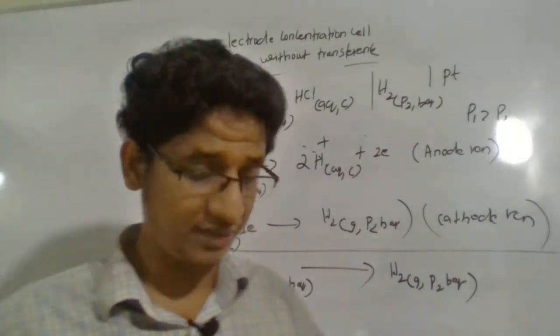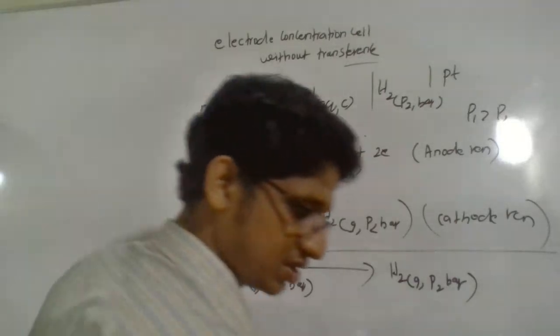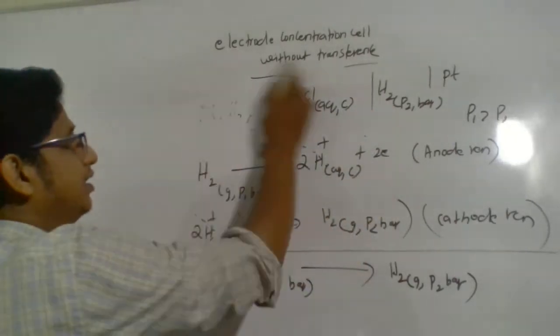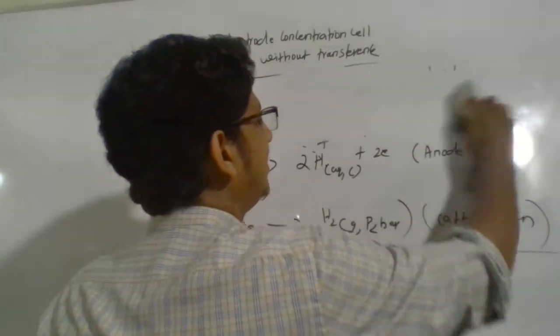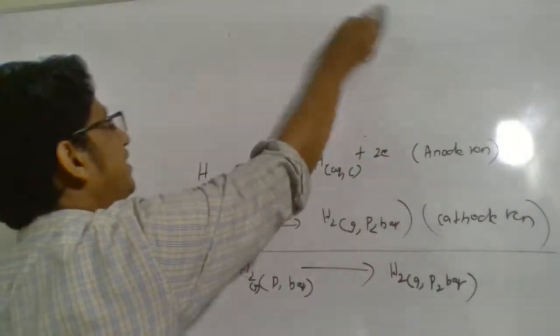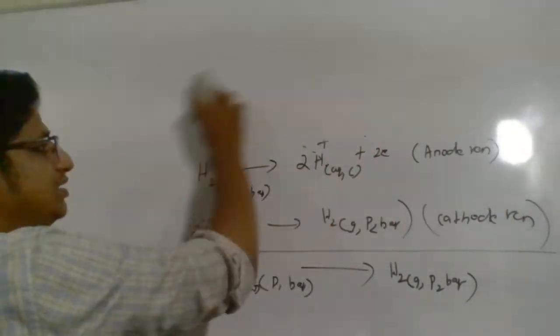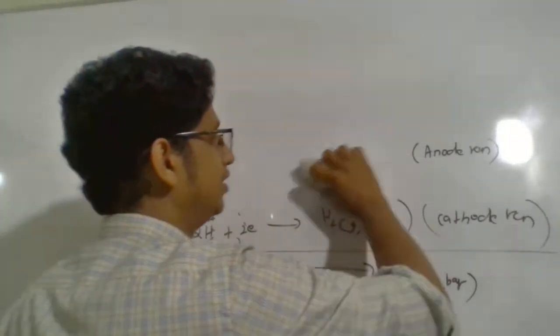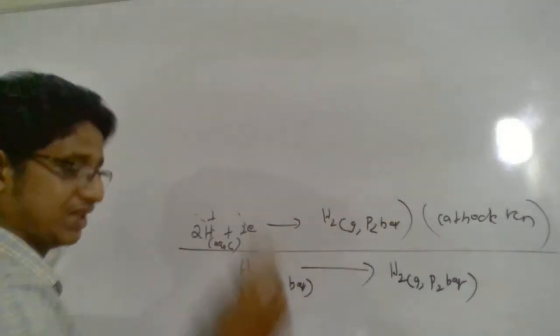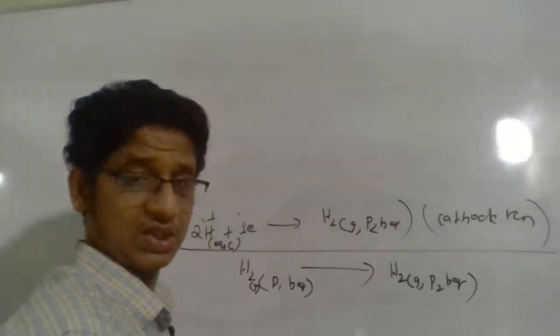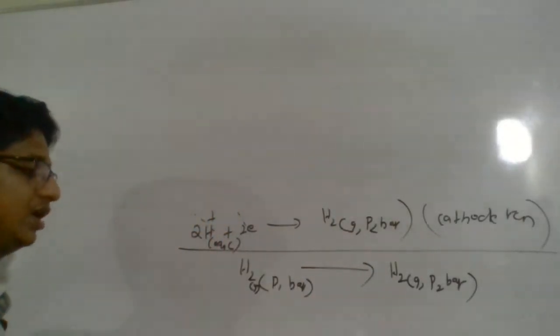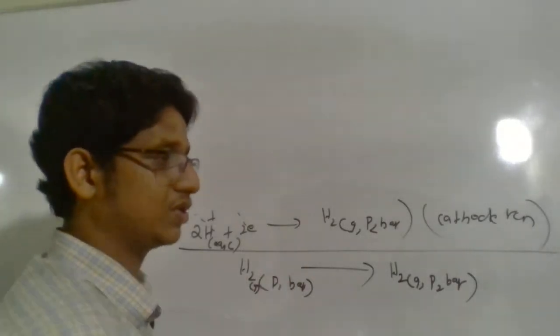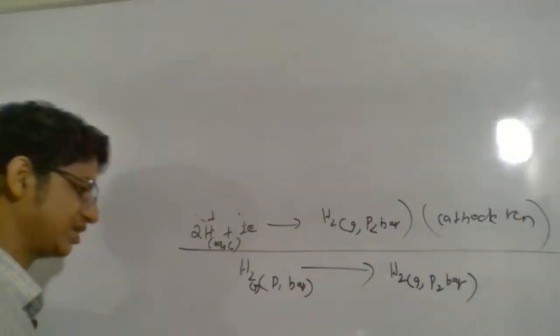So let us write the Nernst equation for this particular cell. So this is definitely a cell, since even though both are the same gas electrode, with the same electrolyte, the difference in pressure of the two electrodes actually generates the electricity.